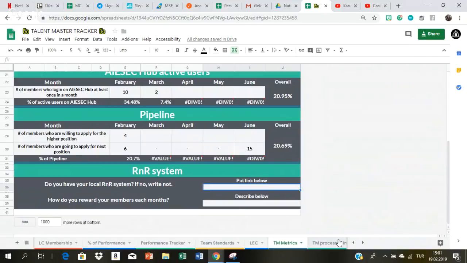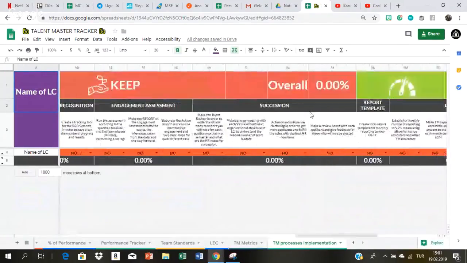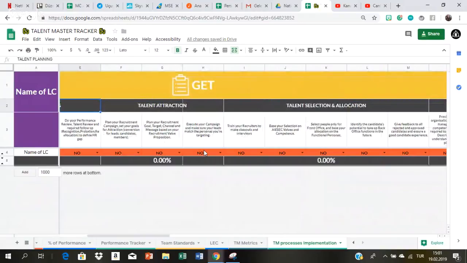Good. And TM process implementation is very easy. There are things written here, and you just need to go read and put yes, no, or partly. For example, you can be on recruitment, which means you can have some parts where you put yes or no, but after recruitment, for example, you won't have the get phrase done.